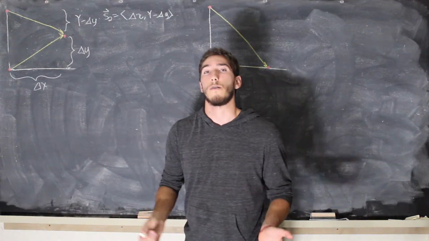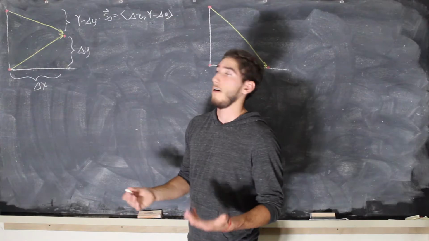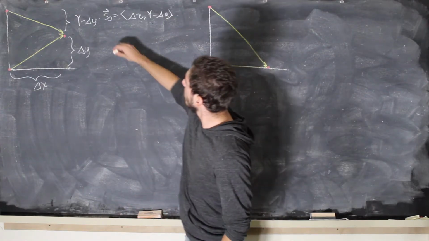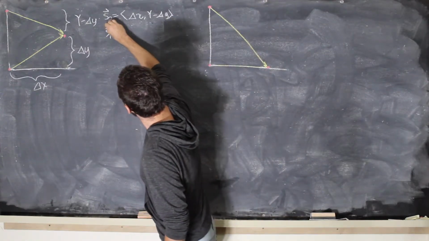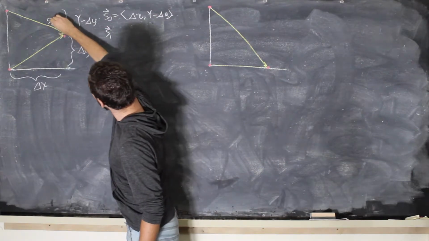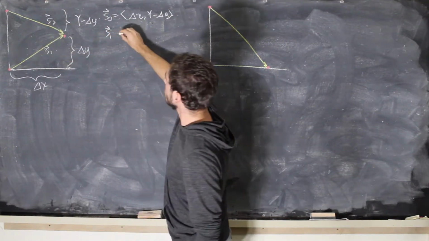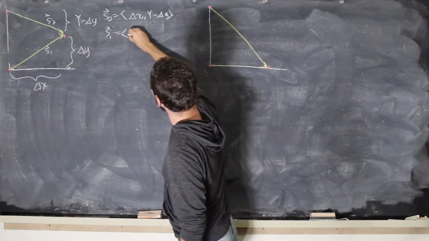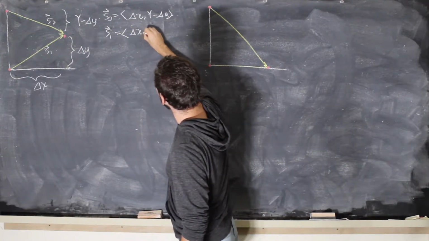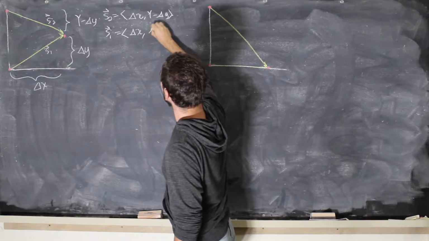And of course, the bottom line is just following the changes that we're making. So this is S2, and S1 is equal to change in x and change in y.